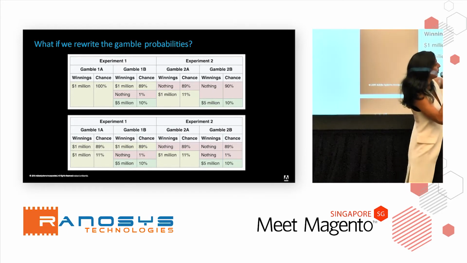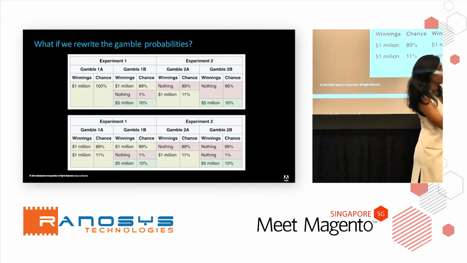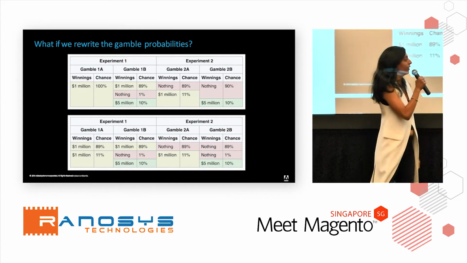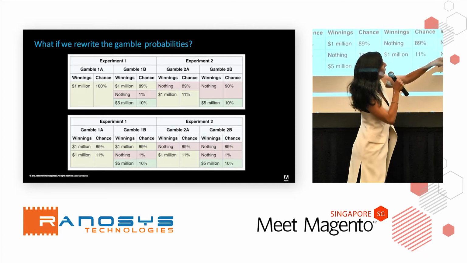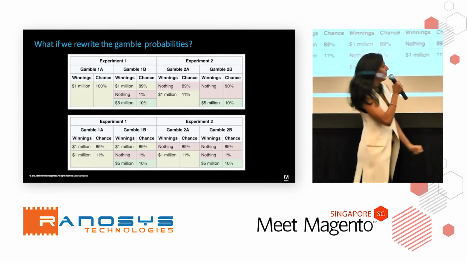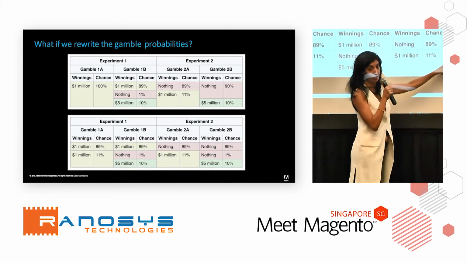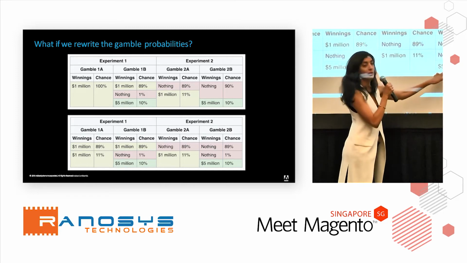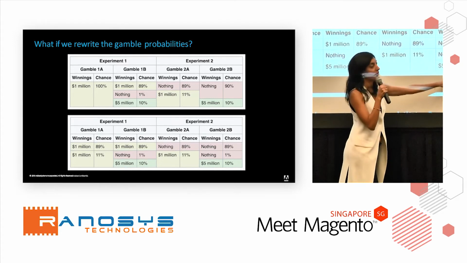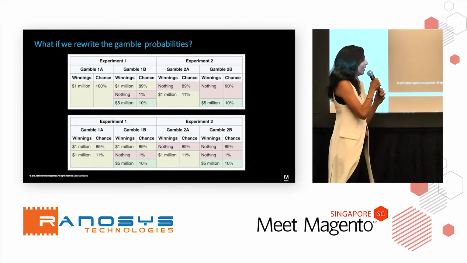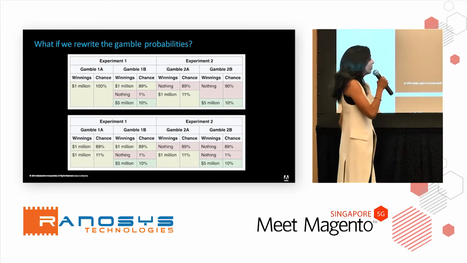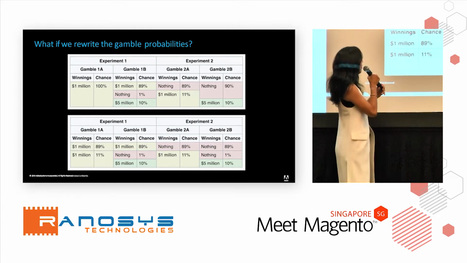This we're going to keep the same, and then this we're going to keep the same. Well, no, this we're going to split 2B into 89% chance you win nothing, 1% chance you win nothing. And then we're going to keep this last thing the same, right? Didn't change anything. I just changed the way I'm writing this.